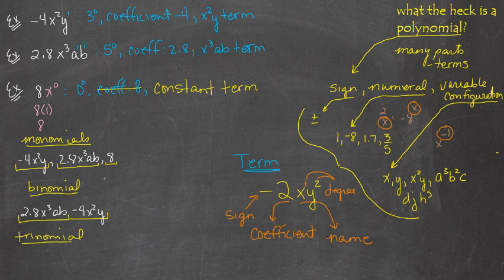Trinomial, implying 3, would do exactly what you think. 3 parts. Let's take the 2.8x cubed ab minus 4x squared y, and then put the 8. Now, I need something to divide these, right? I didn't put the plus sign up here.